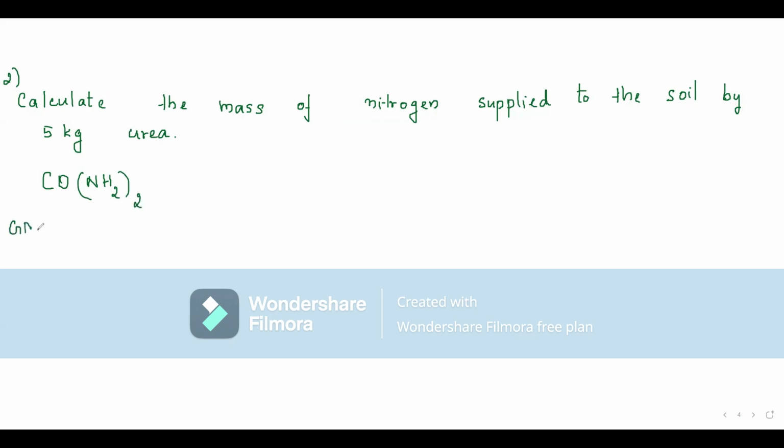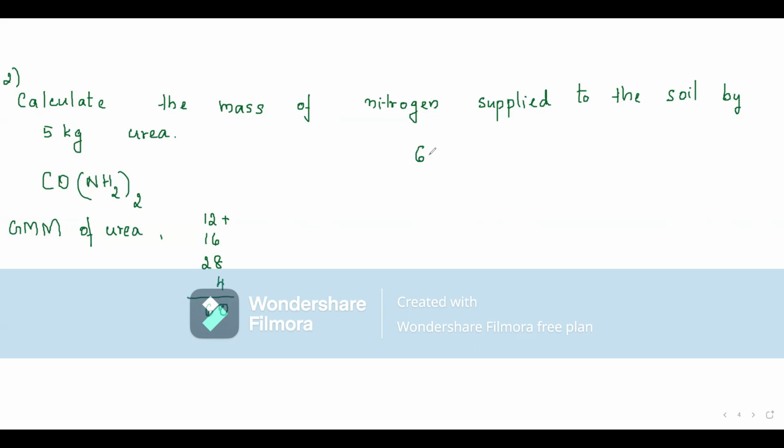Then GMM of urea, gram molecular mass of urea. C is 12, oxygen is 16, nitrogen 14 into 2, so 28, and 4 hydrogens. So add them together. This will give you 60. Gram molecular mass of urea is 60.